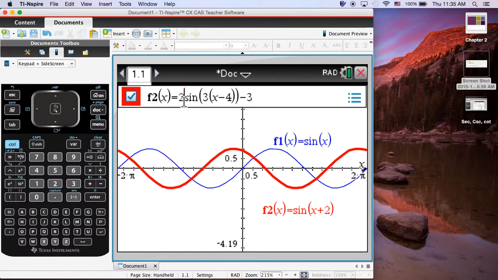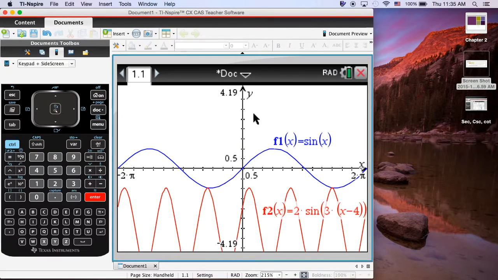Right there it says 2, so the wave should be bigger. The highest point should reach 2, compared to the normal wave. Now 3 waves should fit into 2 pi, and the function graph will be shifted 4 units to the right, and then this is what we call vertical displacement.